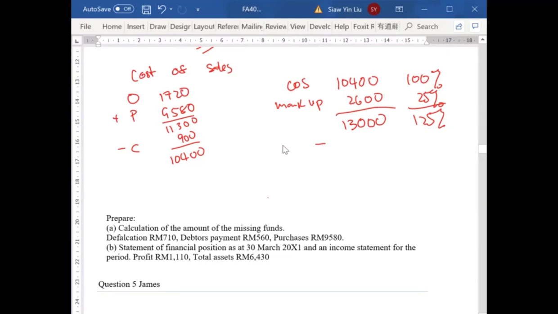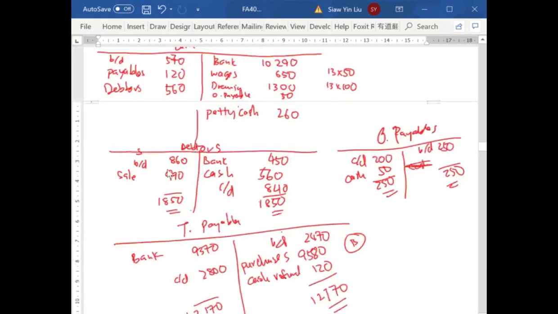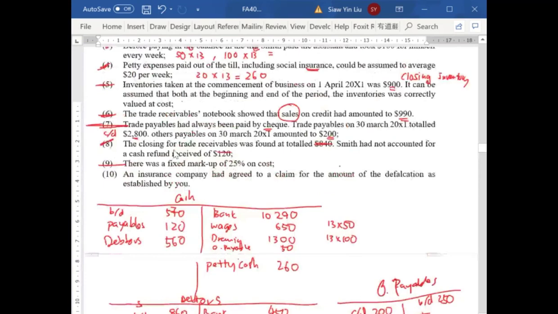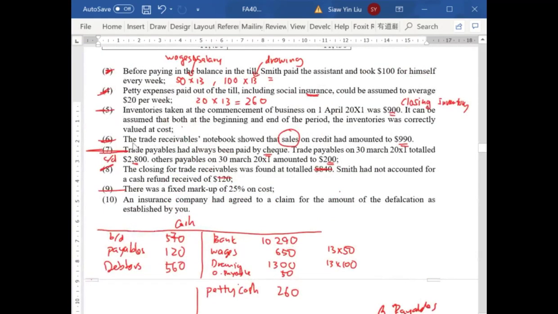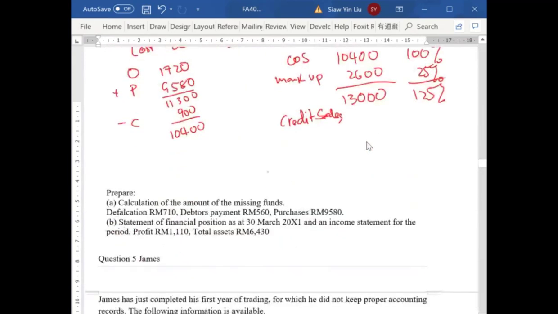But bear in mind you have credit sales in your debtors account. From the questions we know sales on credit is 990. So minus out your credit sales 990, and the balance will be your cash sales.